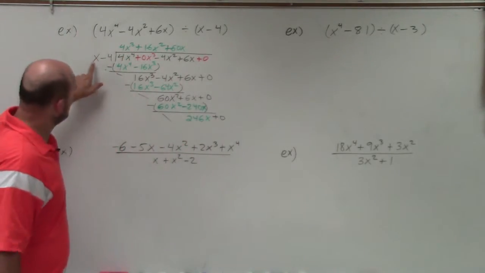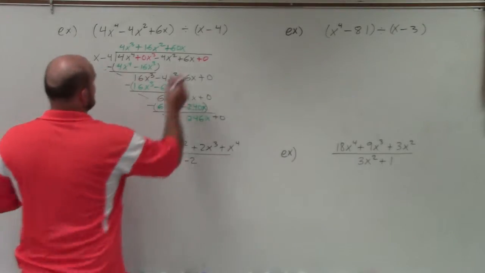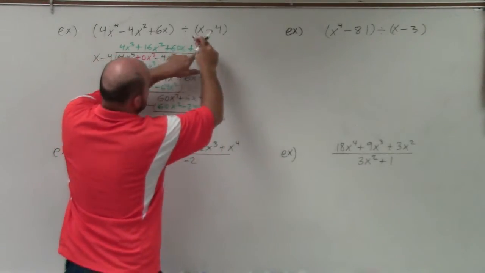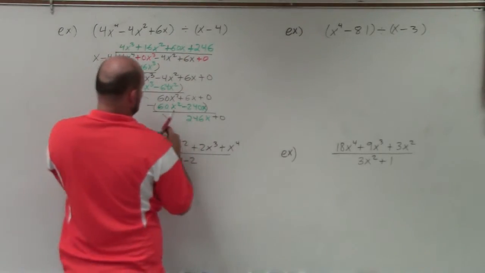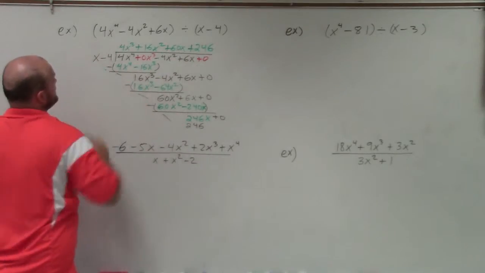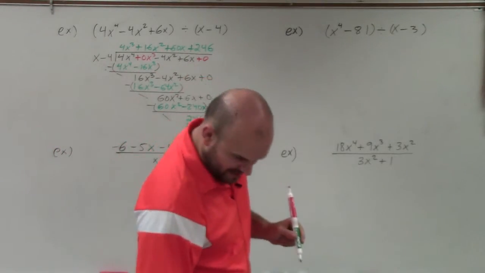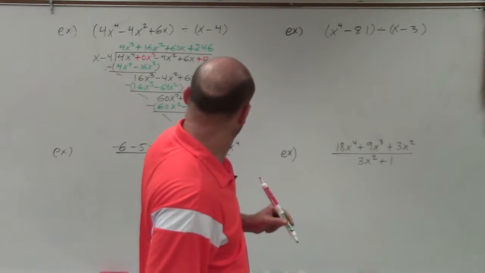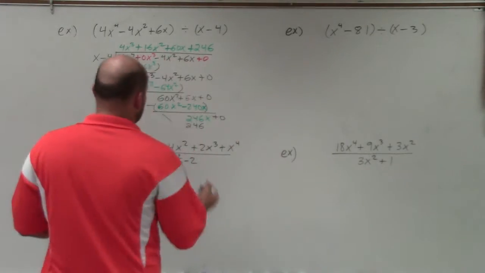OK, and then we'll do the last one. X divides into 246x, positive 246 times. 246 times x is going to be 246x. 246 times negative 4, I'm going to have to go back and use my calculator. It's 246 times 4, right? 984.